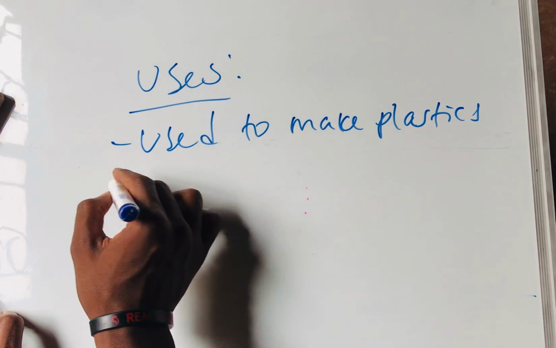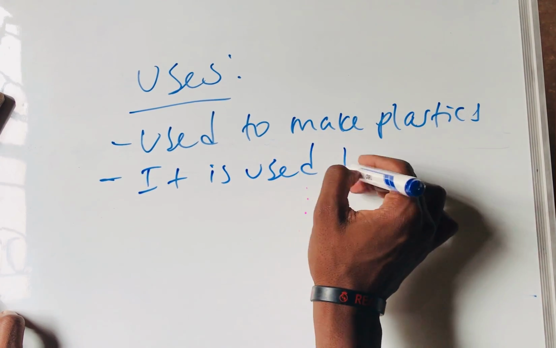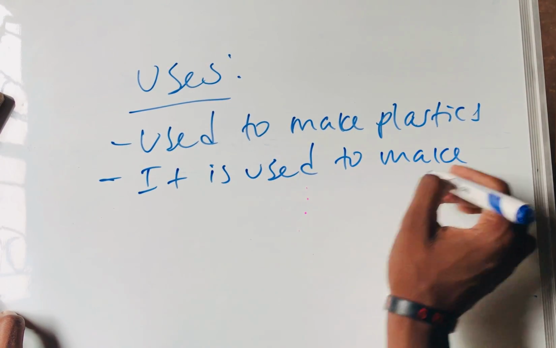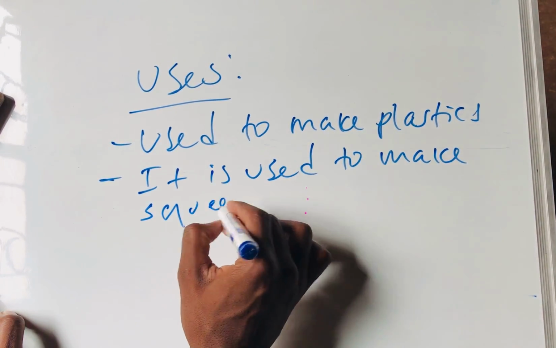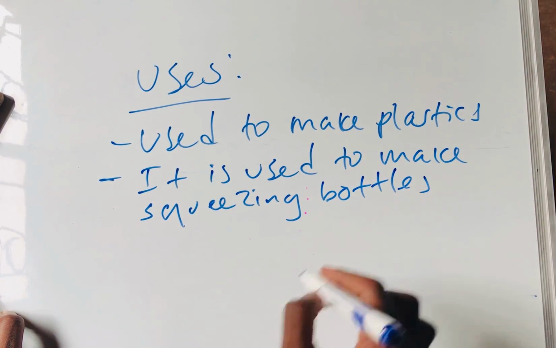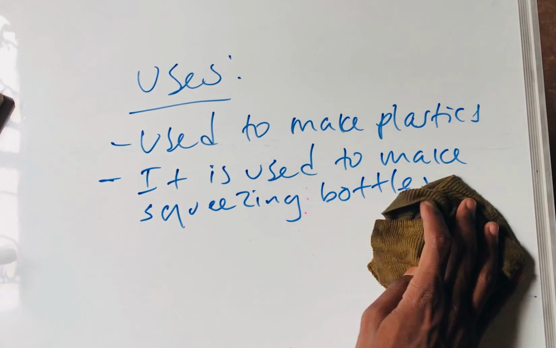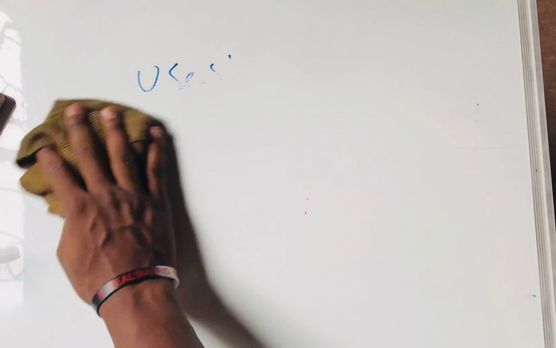Another one, you can say it is used to make squeezing bottles. Polyethylene is also used to make what? Squeezing bottles.